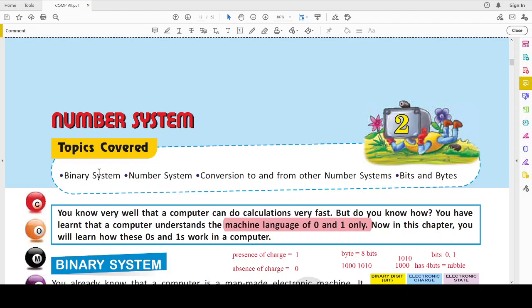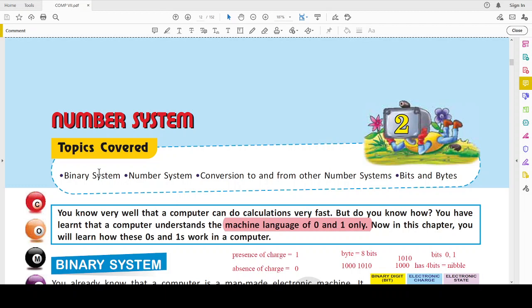And what kind of positional number system do we use in our day-to-day life? We use the decimal number system, the number system having 10 digits, that is 0 to 9. So we represent the magnitude of a quantity by a number in decimal number system in our day-to-day life.